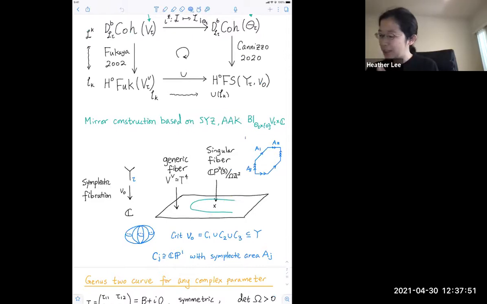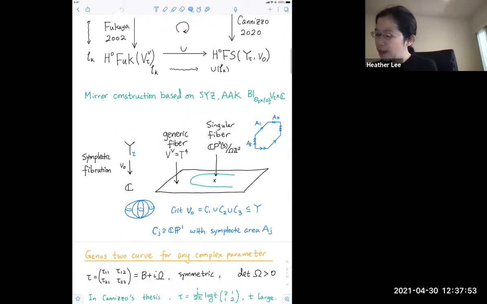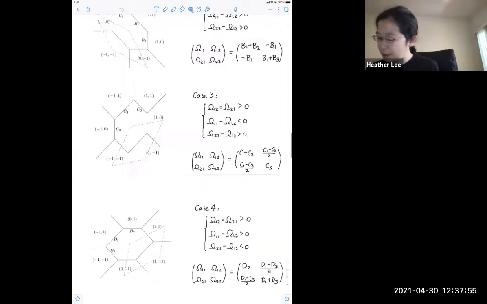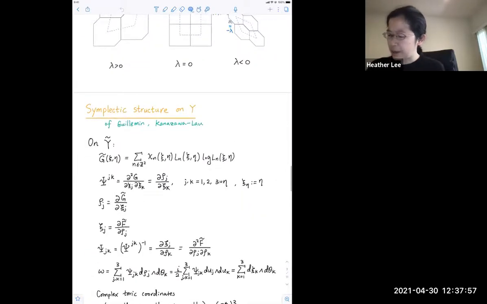So that's what the singular fiber looks like. On a small neighborhood of Y tilde, there's this work by Cannizzo, a few years ago, that used the idea of Guillemin, but made it work on this infinite dimensional manifold.